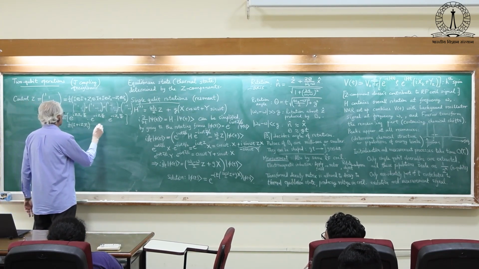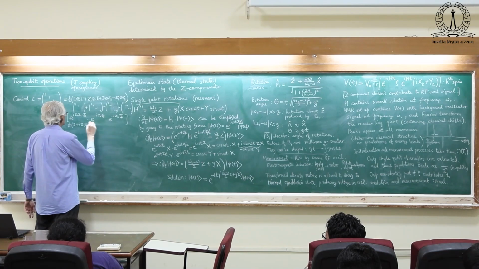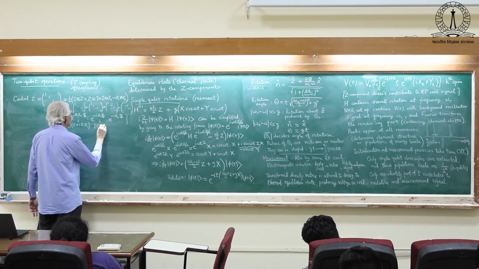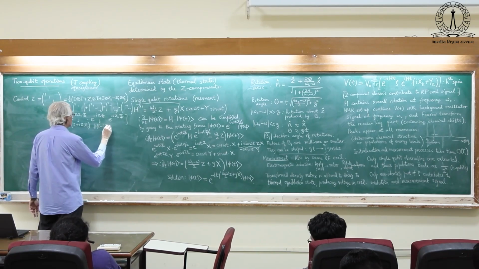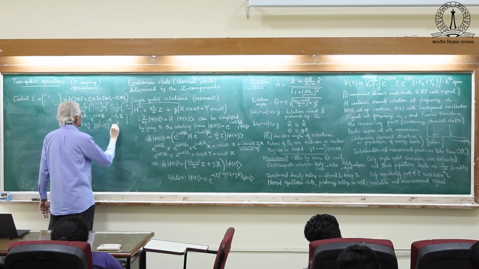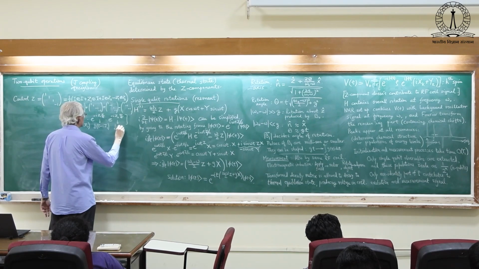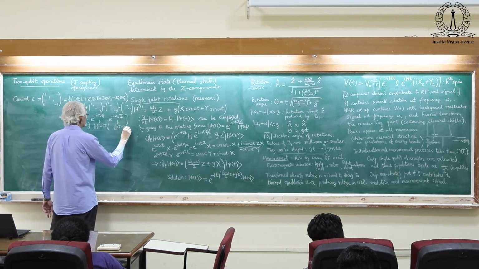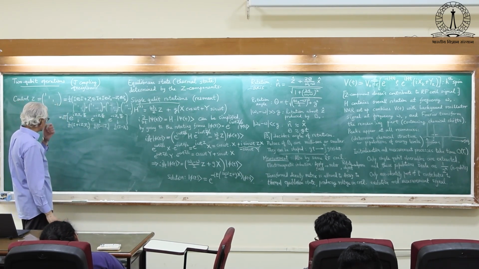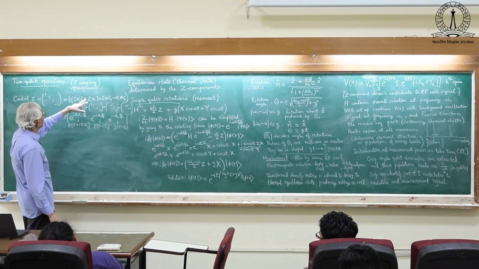That should be okay. And this one is again another 1 by root 2. This is identity minus I Z1, and this is 1 by root 2 identity minus Z2. And you collect all the terms, and it should give you back this structure.